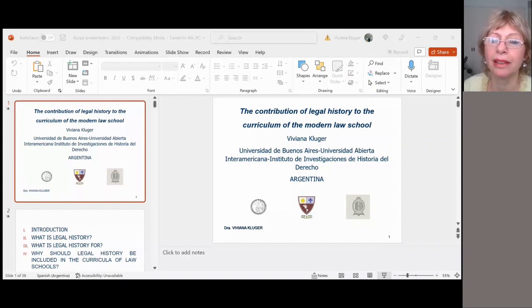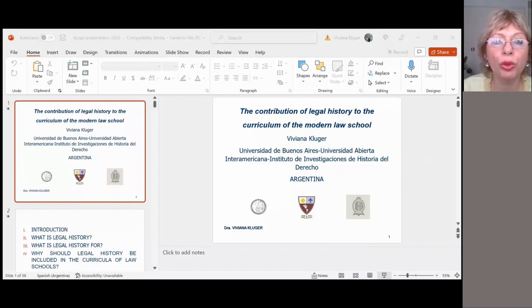But disciplines need to question their existence, to revisit concepts, to exit from the comfort zones, to change their approaches. Why? Because of changes, because new sources appear. And what is the purpose of this presentation? It is to discuss once again on the role of legal history in the education of law graduates.